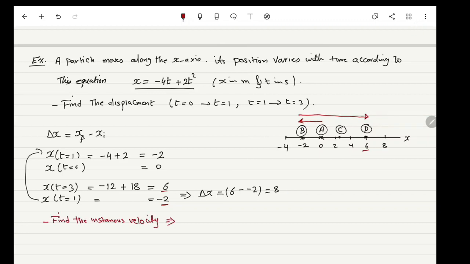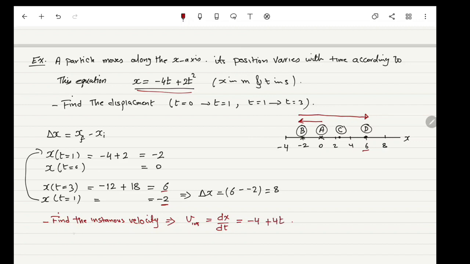Now find the instantaneous velocity. Instantaneous velocity is actually the derivative of x here. So instantaneous velocity equals dx by dt, and if we differentiate this one here, it's minus 4 plus 4t.